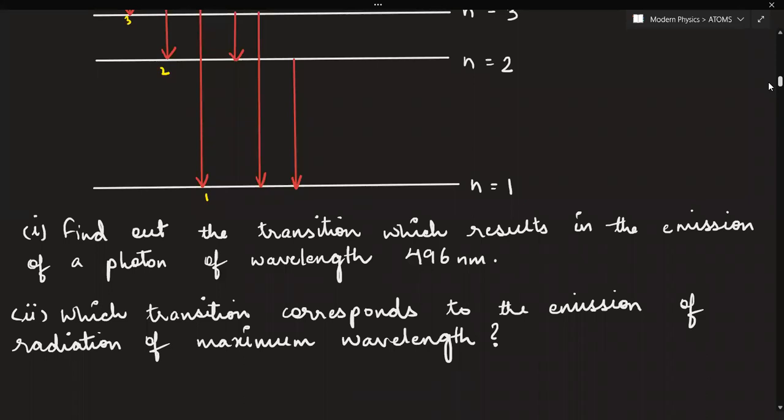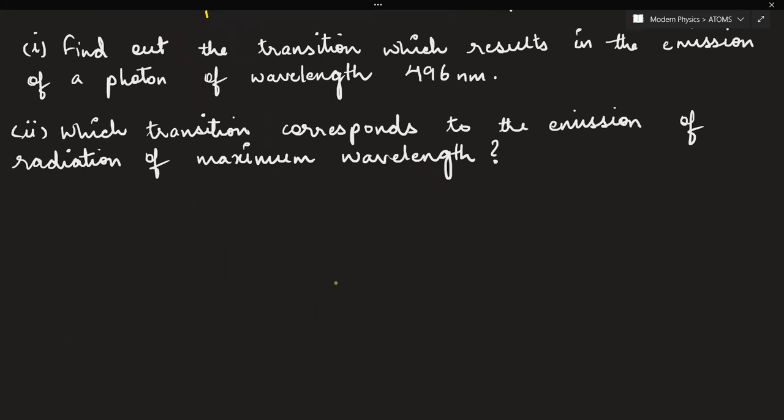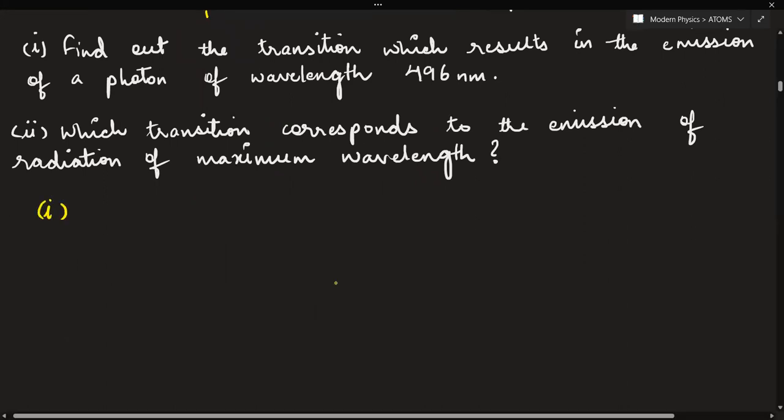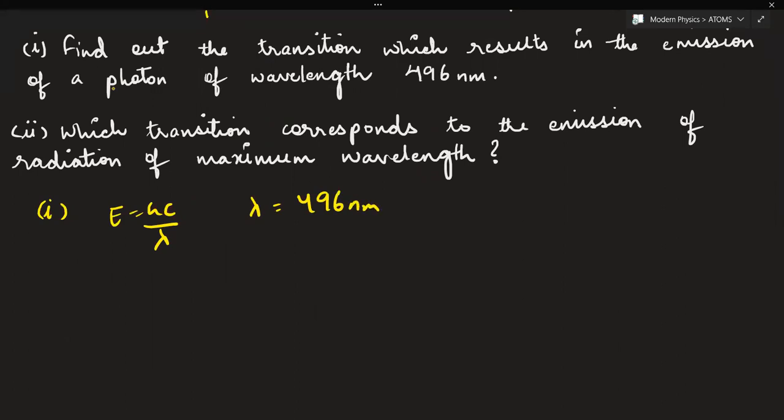Among these, you'll have an idea only if you find out the energy for the respective wavelength. So this wavelength is 496 nanometers. Let us find out the energy first. So E is equal to hc by lambda. Lambda is given as 496 nanometers.